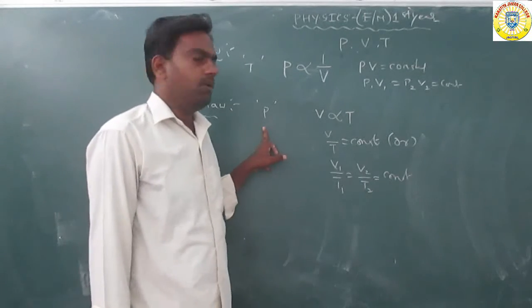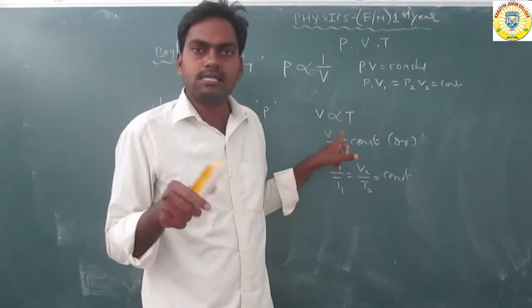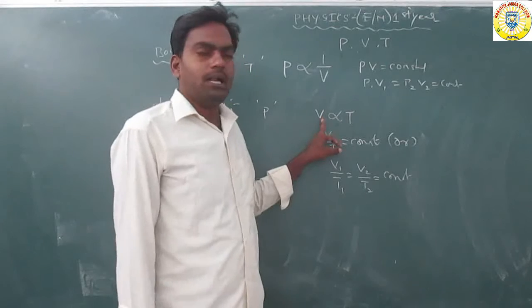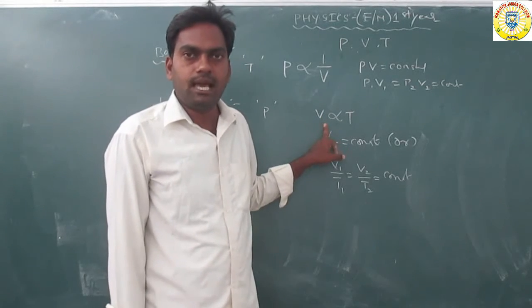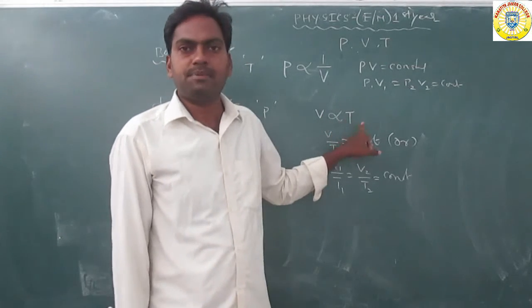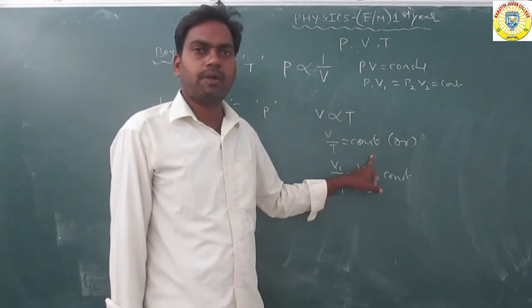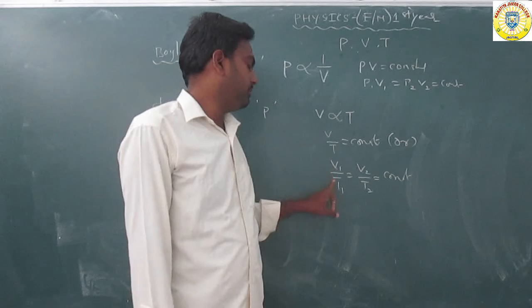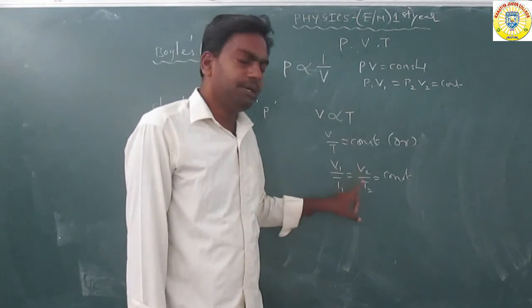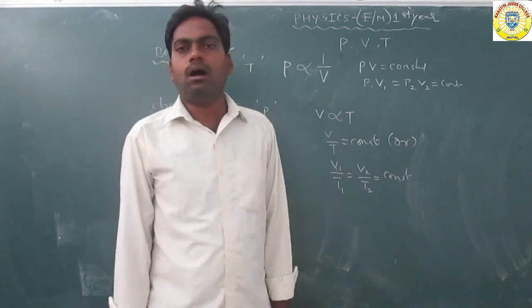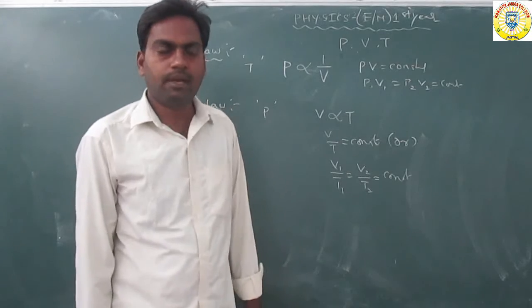In other words, V1 by T1 is equal to V2 by T2 is equal to a constant. So V is directly proportional to T at a constant pressure. Charles' law at a constant pressure: the volume of a given mass of gas is directly proportional to absolute temperature. V by T is constant, and V1 by T1 is equal to V2 by T2, also constant.